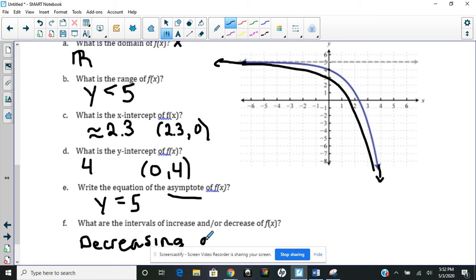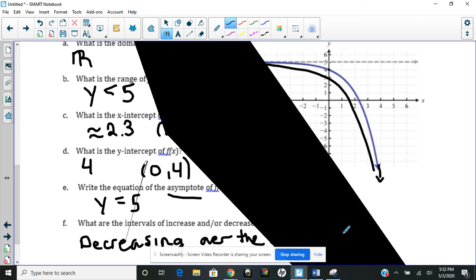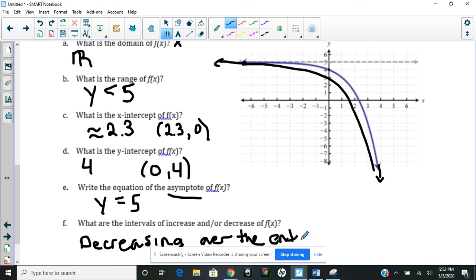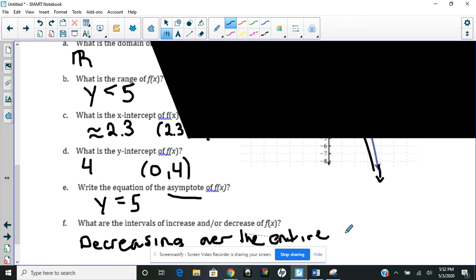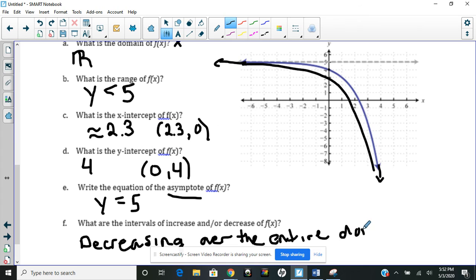And then we say over the entire domain, because in an exponential function, it's always either going to be increasing or always decreasing. So we need that second part there, that over the entire domain.